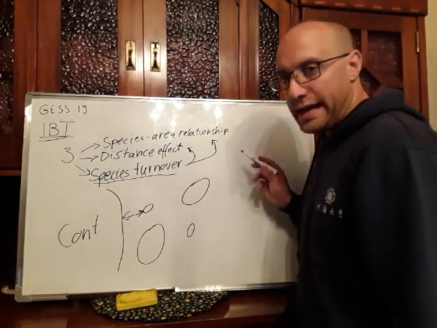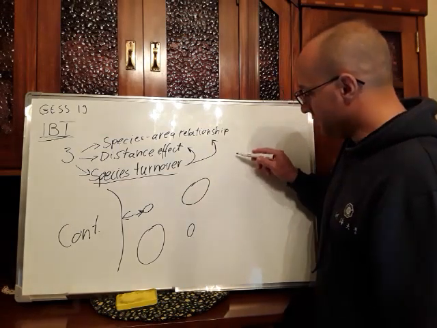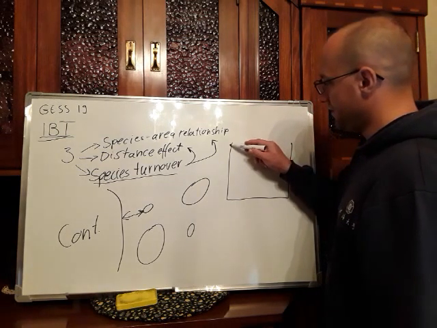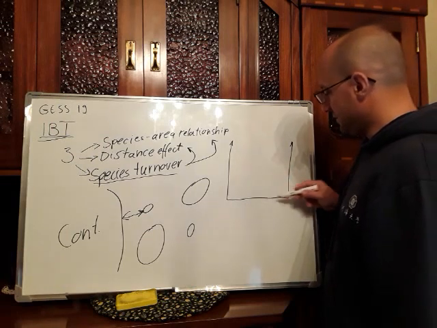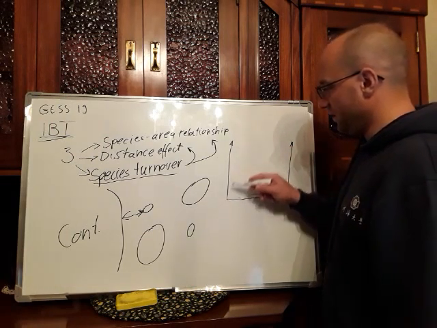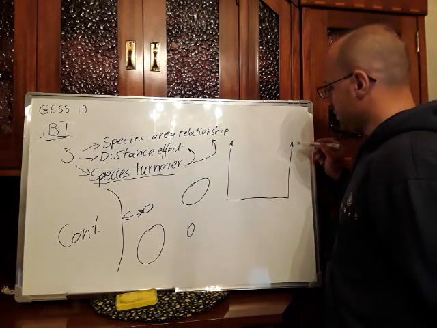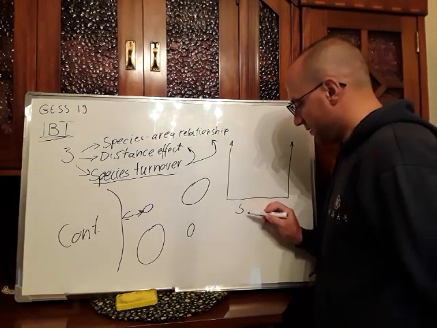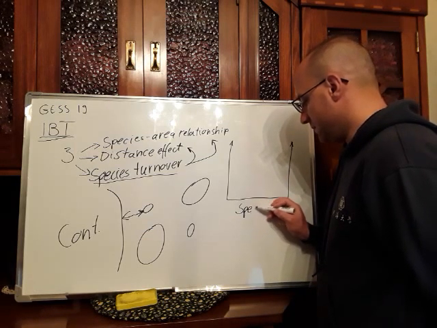Now then we had this little chart, the one that I asked you so many times to draw yourself as well. So here we have two axes on the vertical line, and these would be related to immigration and extinction, and there would be species numbers, the most important, on the horizontal axis.